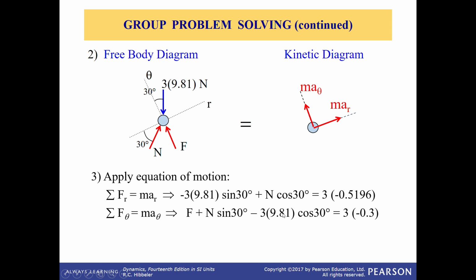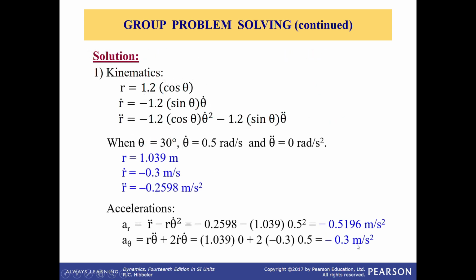Minus 3 times 9.81 cos 30, because the weight is pointing downwards towards the earth, so of course the direction of F theta is in this direction. That's why I put that as negative 3 times 9.81 cos theta equal to m A theta. So m is 3 kilograms, while A theta you already obtained from this equation as well.